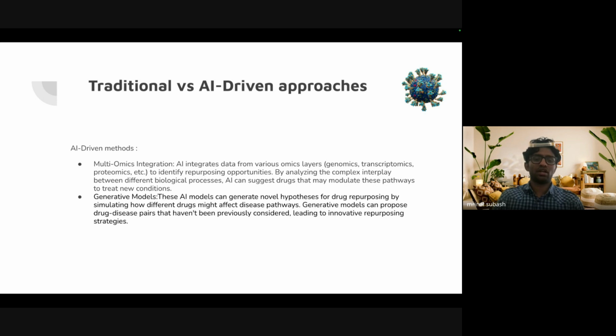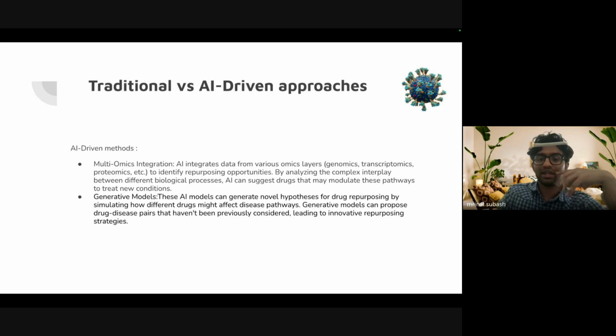Another method is generative models. We have come across the term generative AI. So through AI, through novel hypotheses of drug repurposing, we can simulate how different drugs might affect different disease pathways.